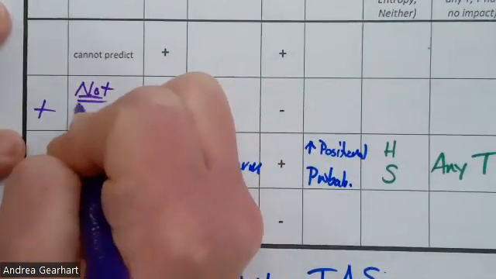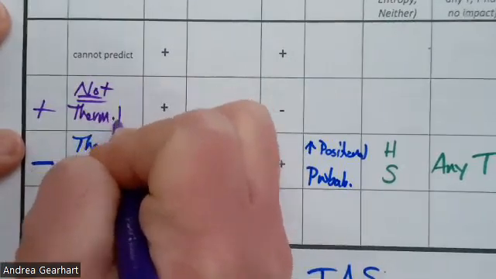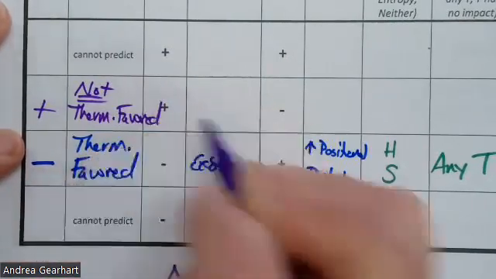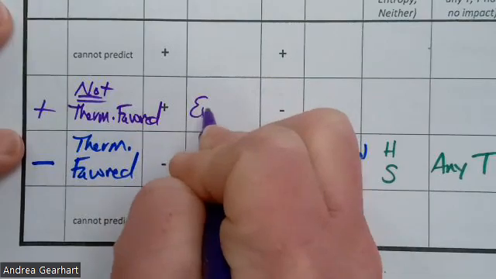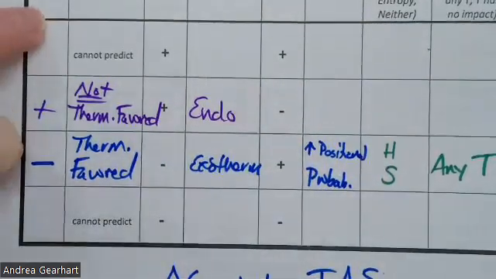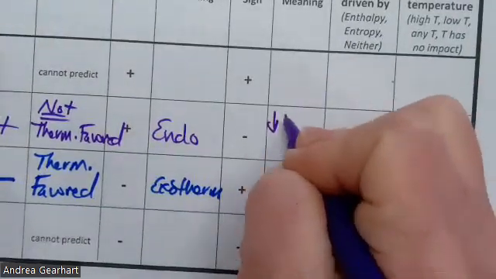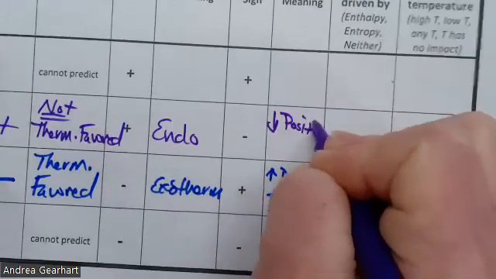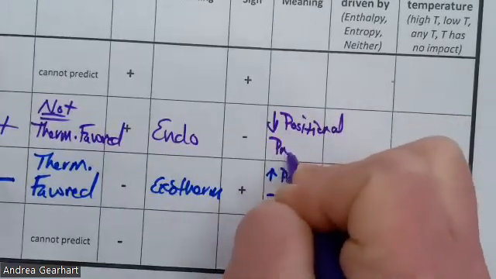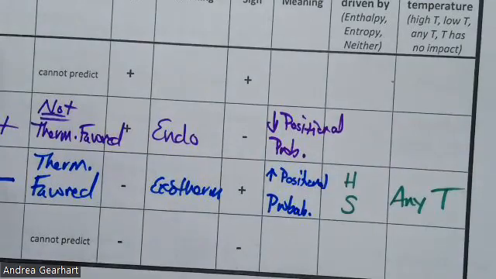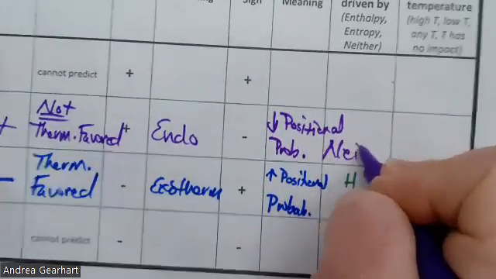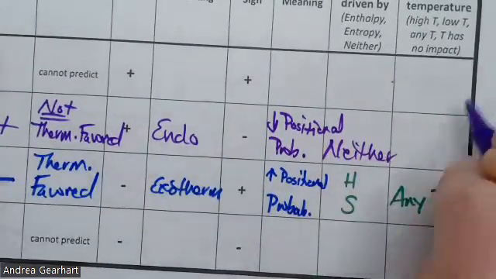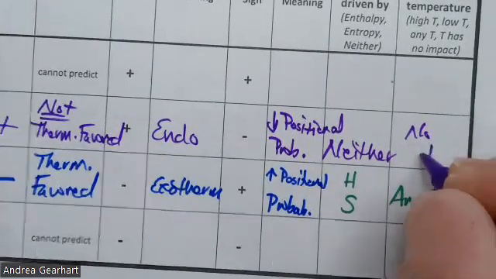Not thermodynamically favored. This would be endo. If delta H is positive, this is decreasing positional probability. Temp has no impact.